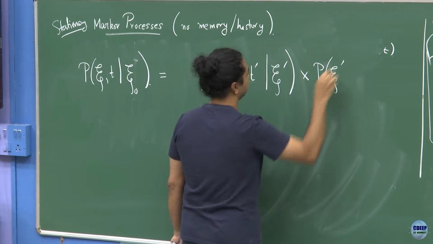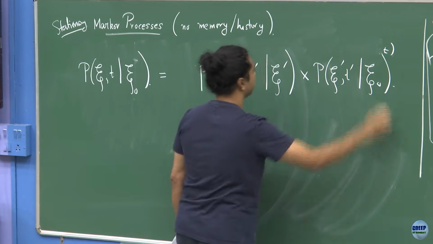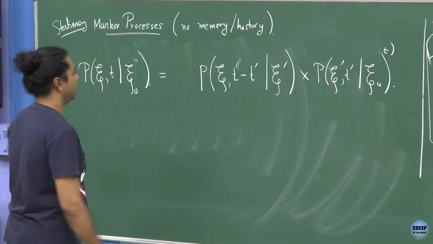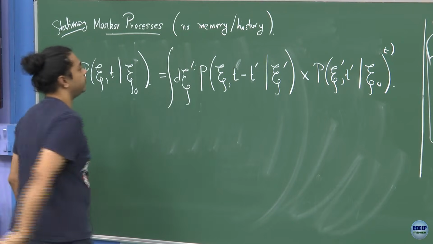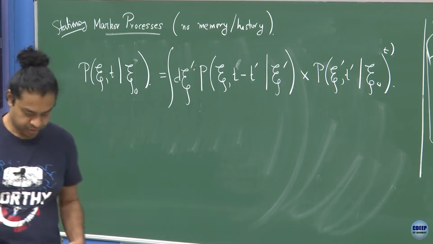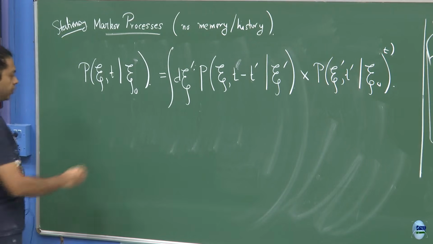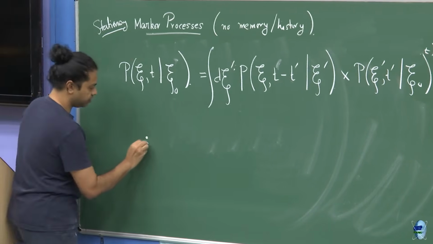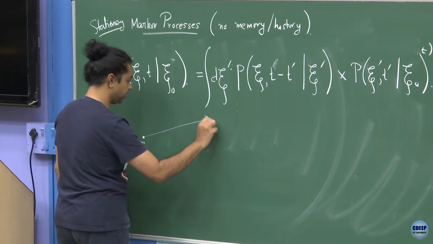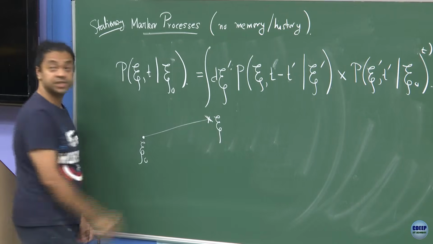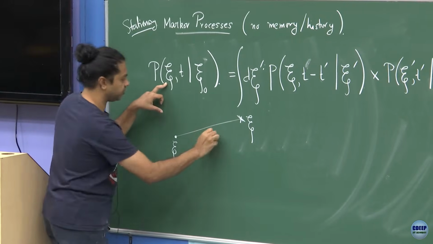So, psi prime at t prime, given that you had started off at psi naught, and I integrate this over all of these intermediate positions. So, I started off here at xi naught. After some time t has elapsed, I reach this desired position psi, and I am looking for this probability P of psi after some time t has elapsed.